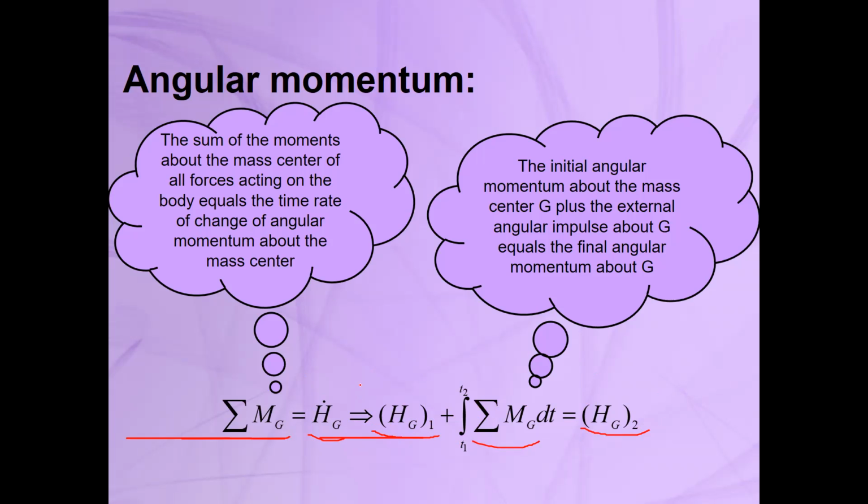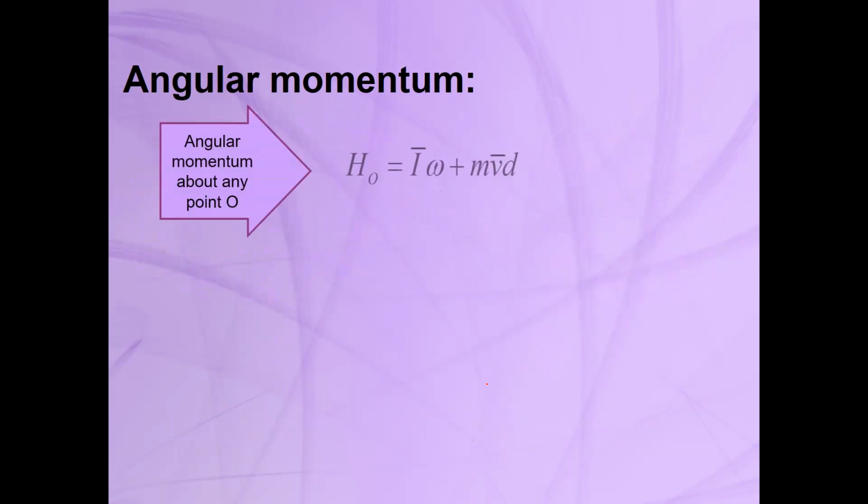So it's very important to note that all of these equations are about the mass center. But as I told you, sometimes we need to write the angular momentum about any other point other than the mass center. For example, consider we want to write the angular momentum about point O, which can be either on or off your rigid body.